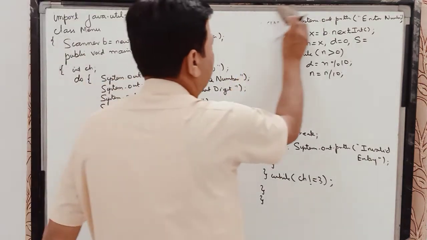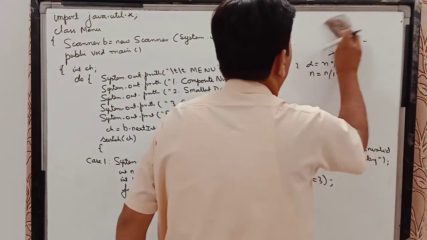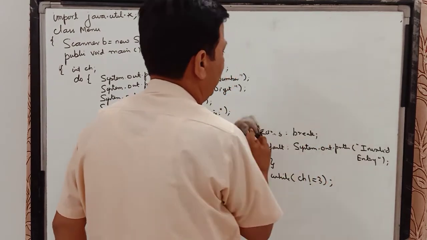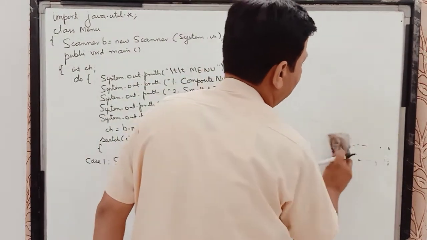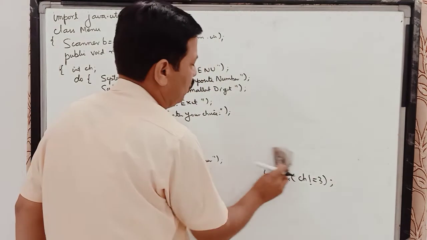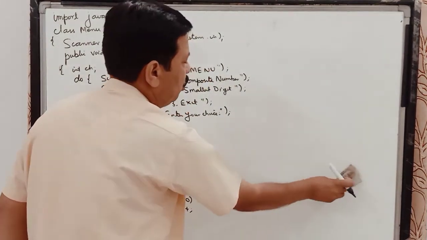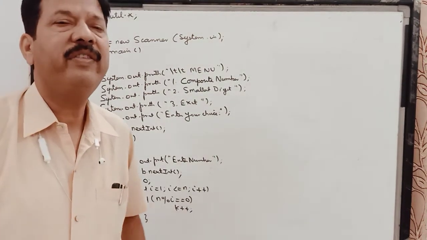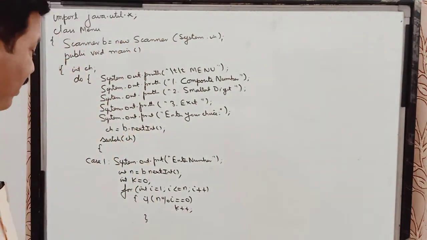Now children, here I have counted the divisors of the number. So now what will we do? We'll check whether the divisors are more than 2. If the number has more than 2 divisors, then it is a composite number. If it has 2 divisors, it is a prime number. That we have already done.